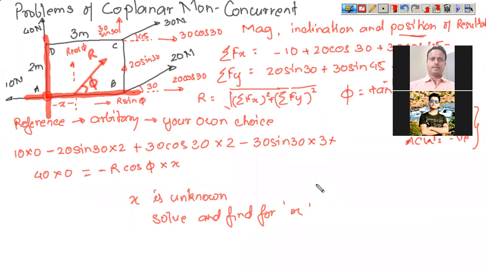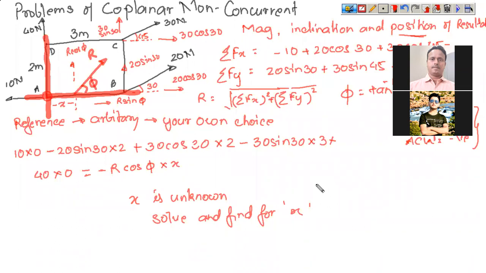Now, another question: it was not mandatory that I would have chosen the distance from A only. If I choose from B, let us say the value of x comes out to be positive 1.2 meters. If you would have chosen the location from point B, it would have come out to be minus 1.8 meters.